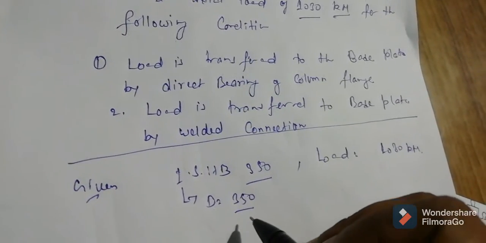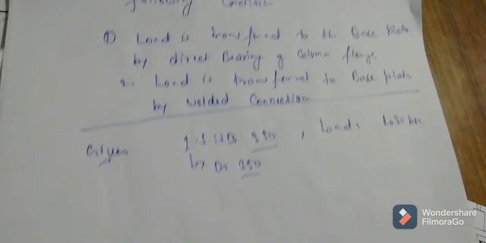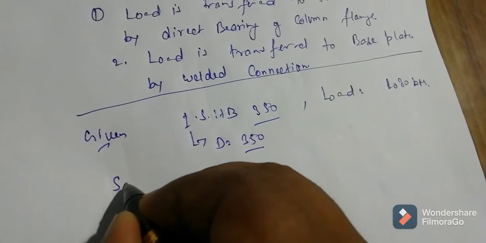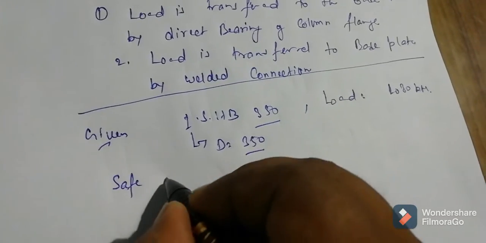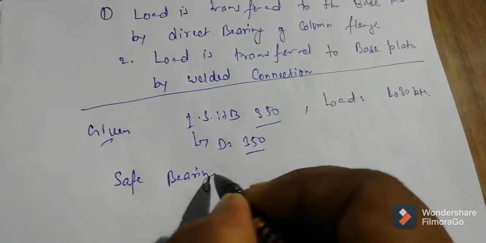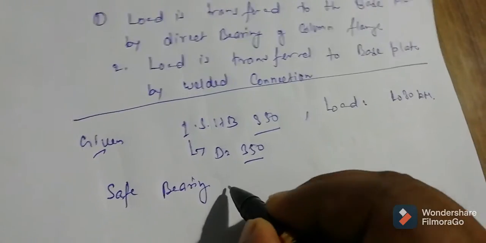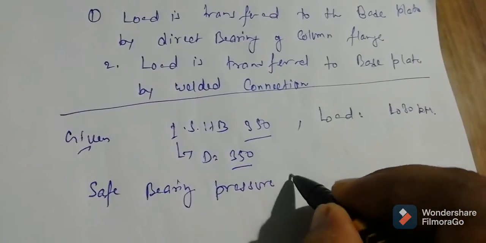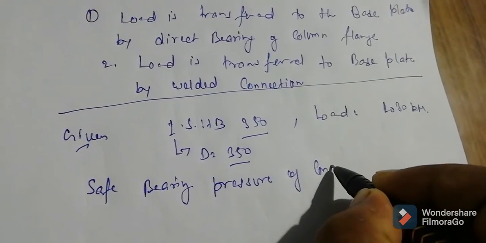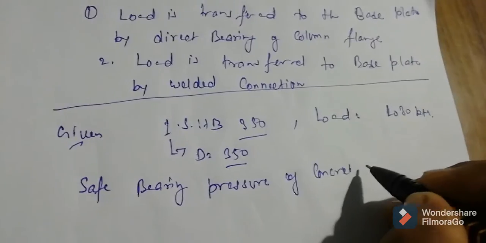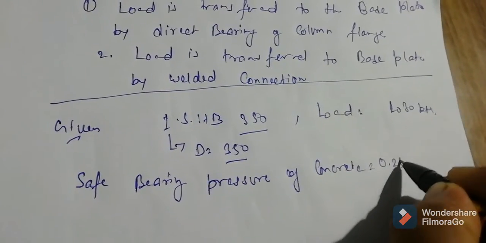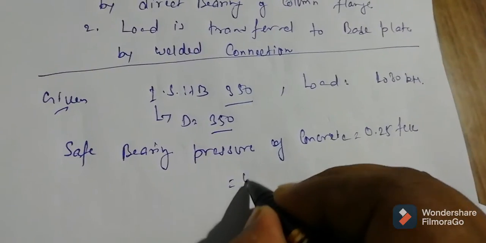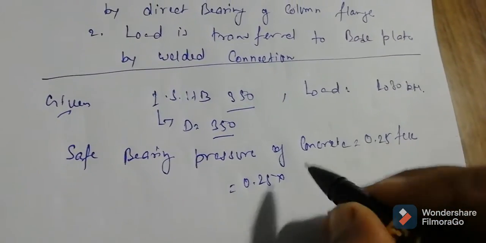Now the safe bearing pressure of concrete, as you know, we can take equal to 0.25 fck. That is 0.25 multiplied by fck.